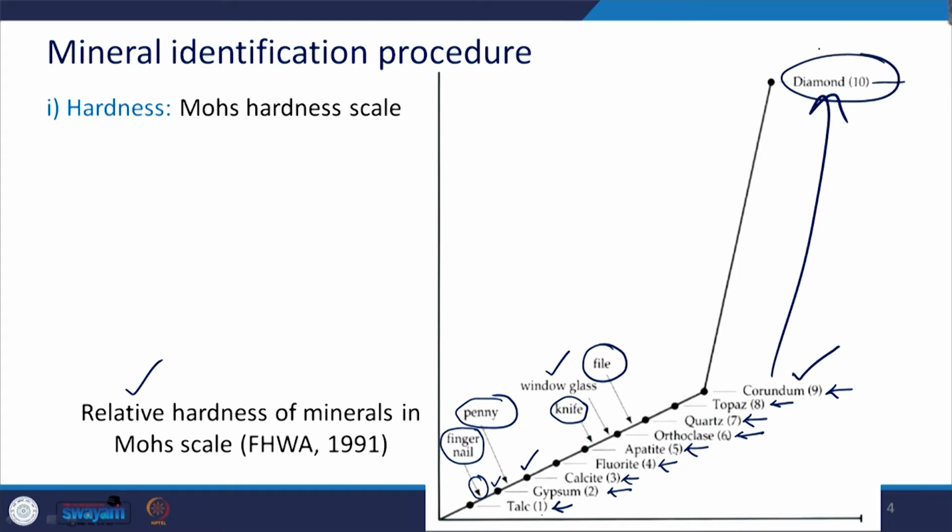So on this scale, the hardest mineral is diamond and the softest, having the least hardness, is talc. Keep that in mind. All other minerals which have not been listed here, you have to check their relative hardness and accordingly assign the hardness based upon this scale.